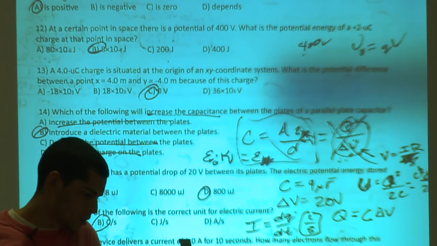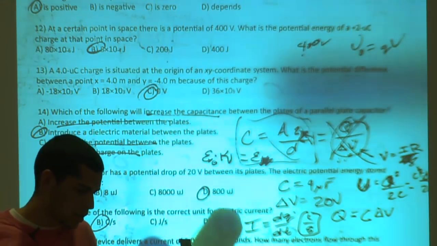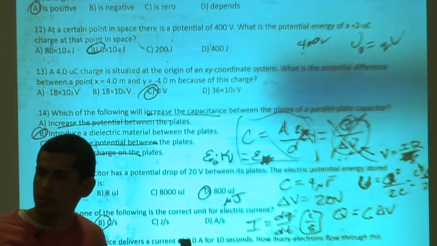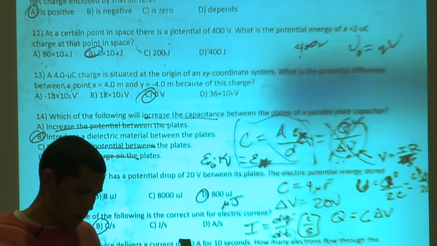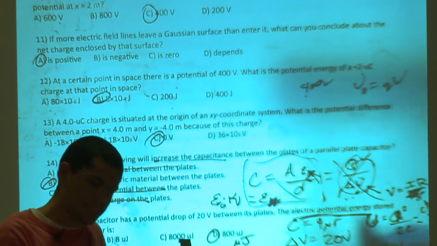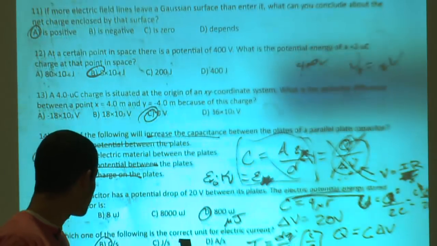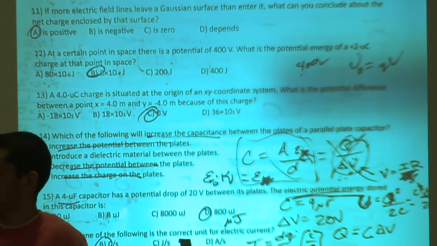You multiply it all out, you get 800 times 10 to the negative 6. This is microjoules. Microjoules is joules, because we're looking at the potential energy. It looks like a W. I was confused, my apologies. Small text. Okay, it's microjoules. Watts is joules per time.